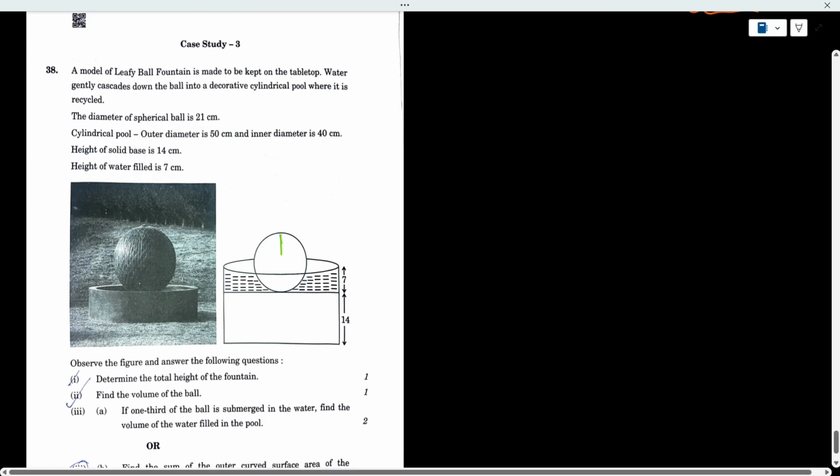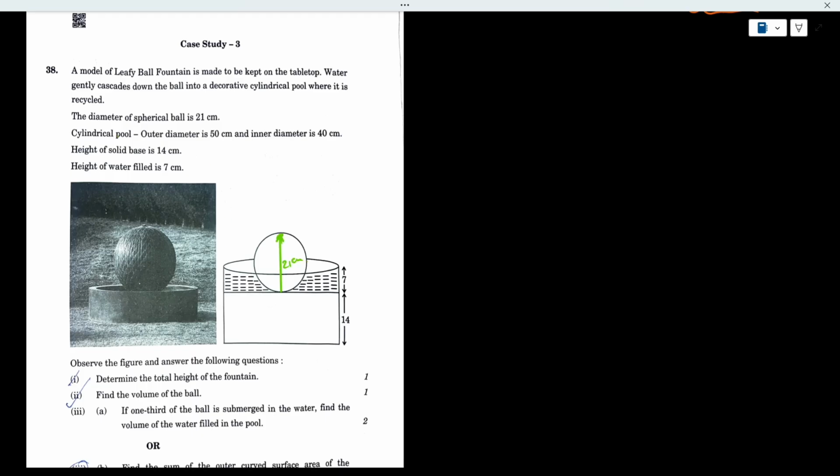Now diameter of the spherical ball means I can take this, it is 21 centimeter, right? The cylindrical pool's outer diameter is 50 centimeter and inner diameter is 40 centimeter. The height of the solid base is given as 14 centimeter. The height of the water filled is 7 centimeter. What do I need to find out?